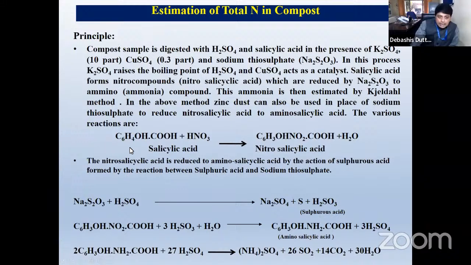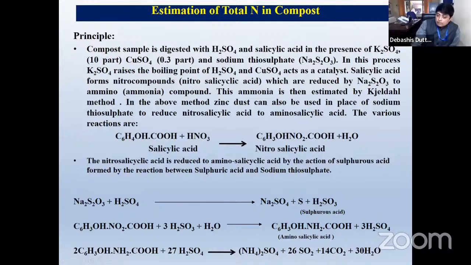And this is the chemical equation: the salicylic acid we are taking along with the sulfuric acid reacts with the nitrate form to convert it into nitrosalicylic acid. This nitrosalicylic acid is then reduced by thiosulfate to form the ammoniacal form, ammonium sulfate.